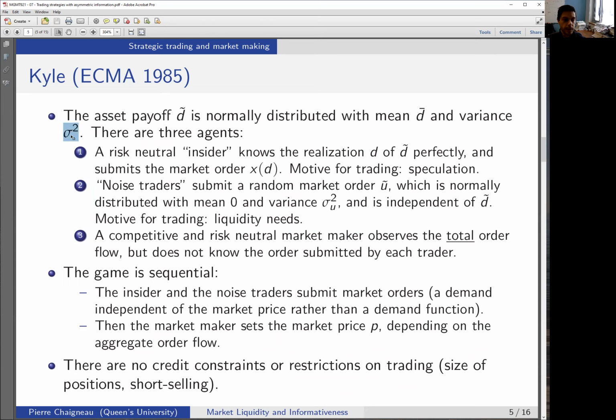And so here sigma measures the informational advantage of the trader, the insider, compared to the market maker. In other words, sigma can also be viewed as a measure of information asymmetry between the insider, who perfectly knows D, and the market maker, who at first only knows that the asset has a variance of sigma. So the larger sigma, the greater the informational advantage of the insider relative to the market maker.